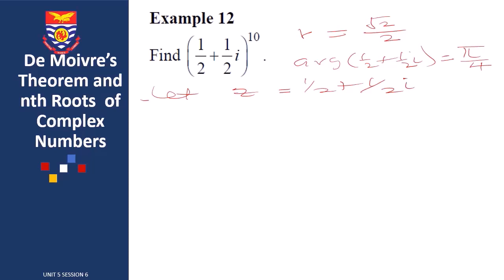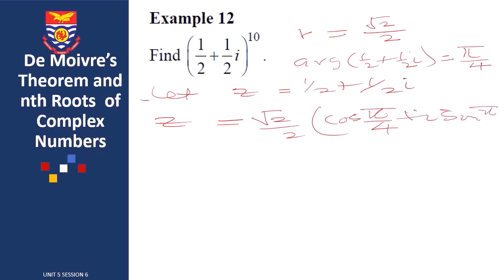So z is now equal to, in polar form, r multiplied by the cosine of the angle plus i sine of the angle. I hope you remember that. Cosine of pi on 4 plus i sine of pi on 4. Okay, so then we go ahead.